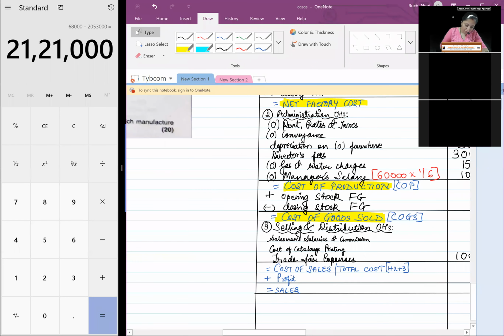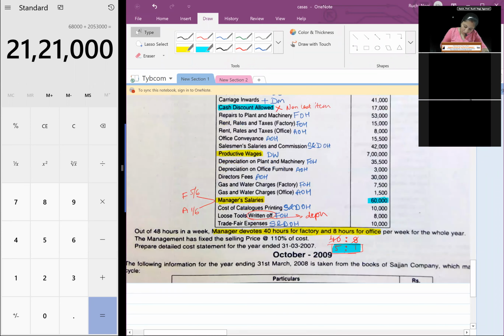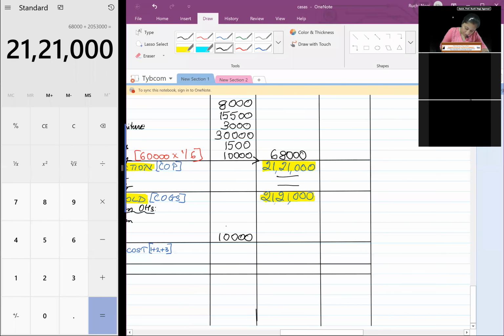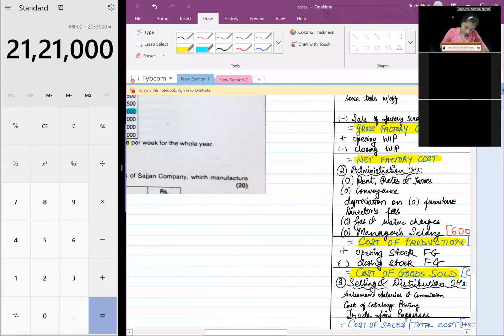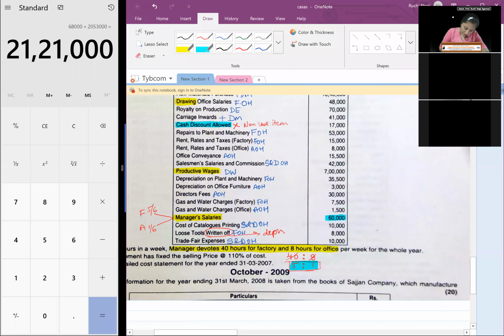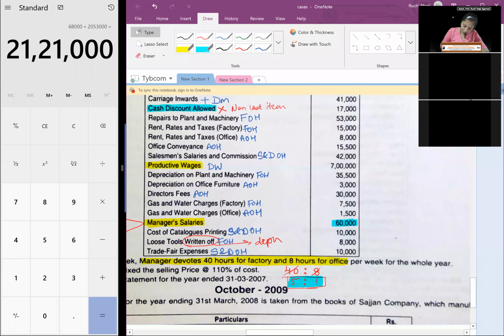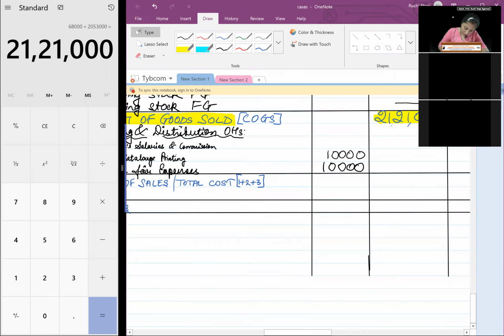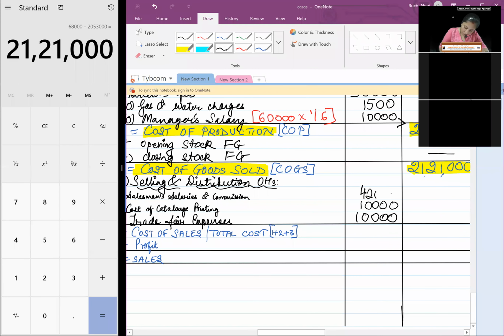Then cost of catalog printing 10,000. Next, salesman salary 42,000.